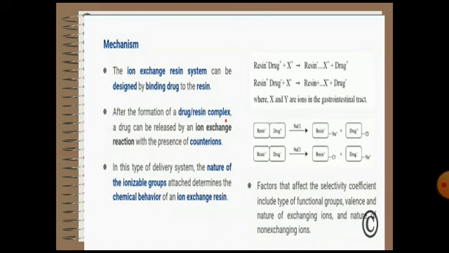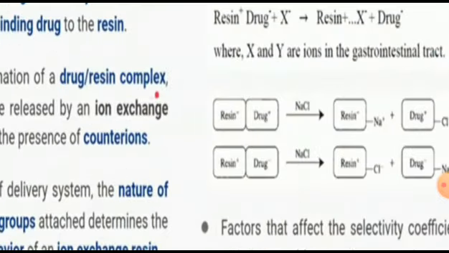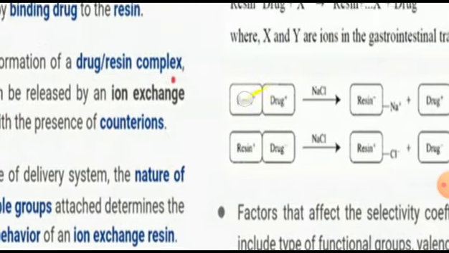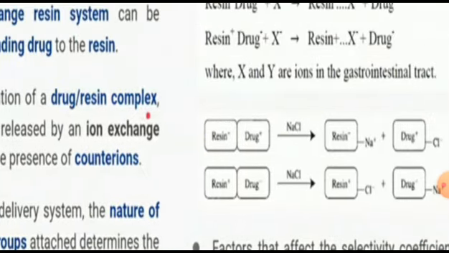Here you can observe this resin is complexed with the cationic drug molecule, so it is called a cationic exchange resin. Here the exchangeable part is the cationic drug molecule in the first reaction.